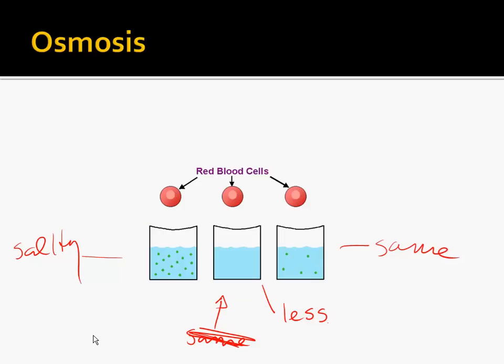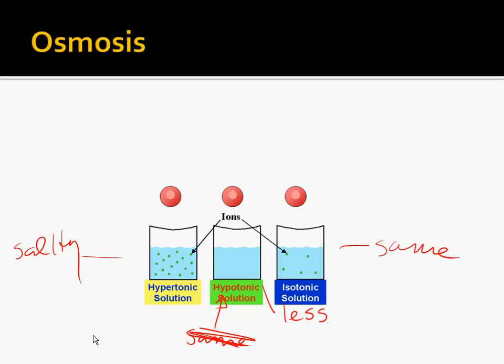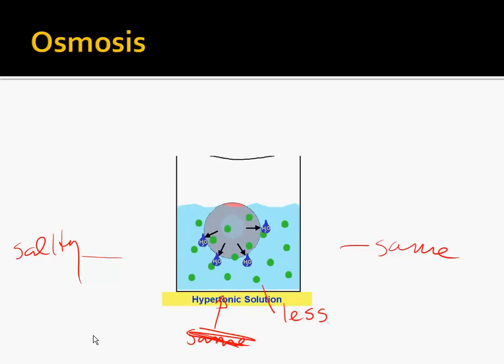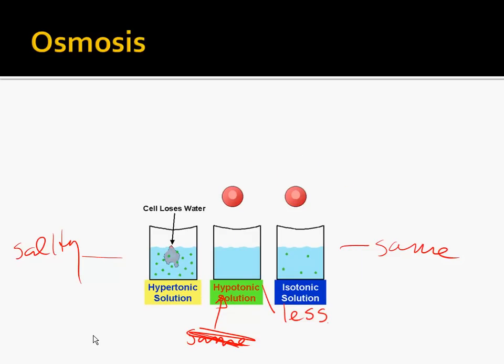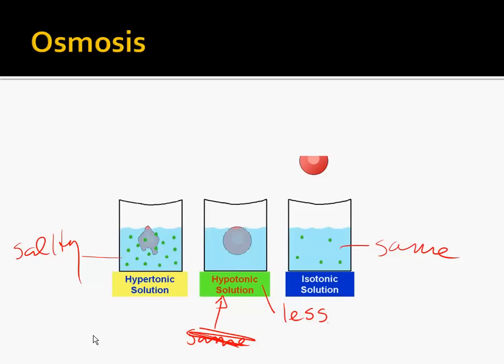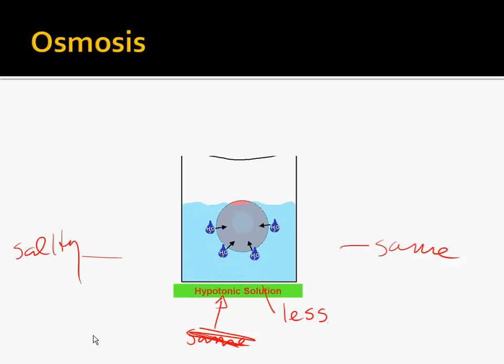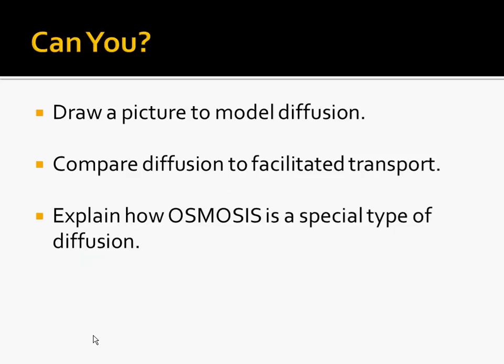If you wanted to rewatch that, we're going to go over these words in class. So hypertonic means the solution is more salty. Hypotonic means the solution is less salty. And isotonic means the solution is the same as the cell. And that's what we need inside of ourselves to keep our cells healthy.